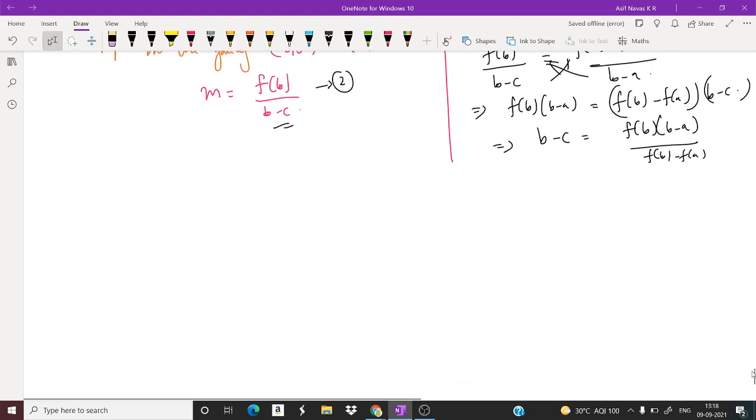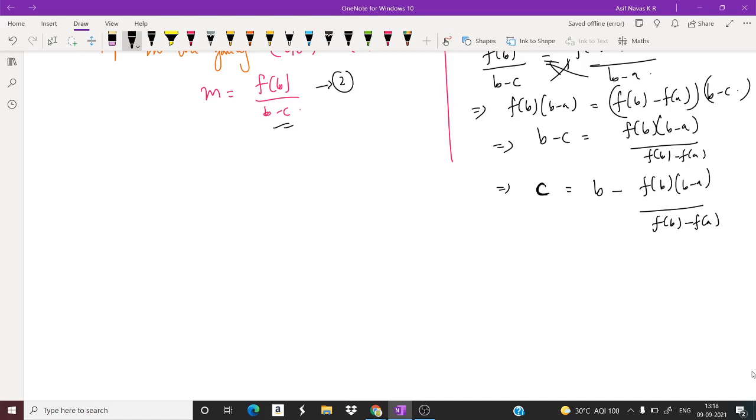So my next approximation is c. So c is equal to b minus f of b into b minus a divided by f of b minus f of a.